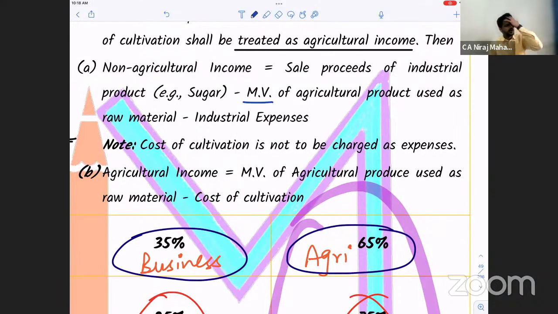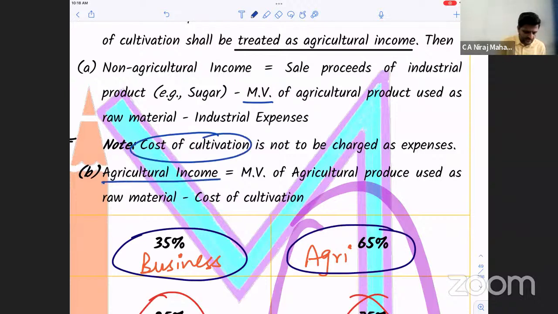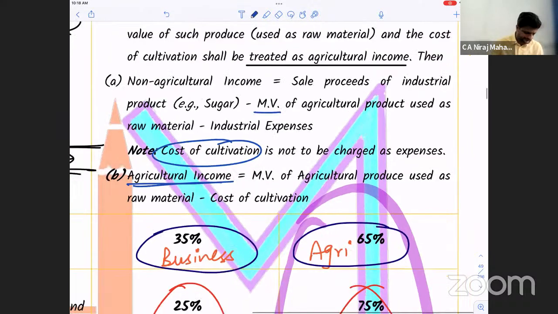Cost of cultivation is not to be charged as an expense for business income, because this cost of cultivation we are using in the agricultural income: fair market value minus actual cost of cultivation. Did you understand a little bit? Khushbu, Indrajit, Nitin, or bouncer Nitin? Good, very good. Let's start.